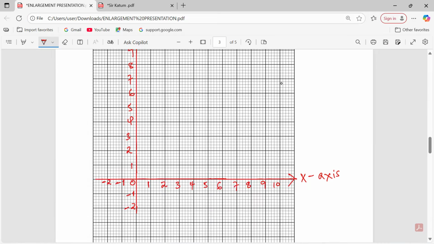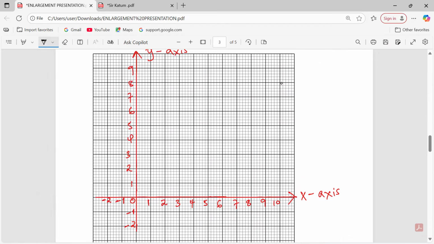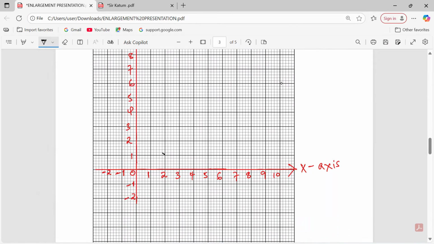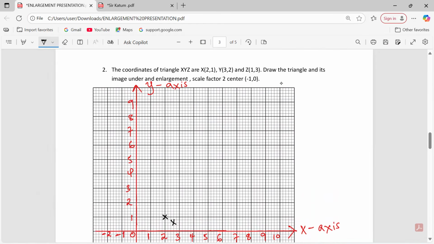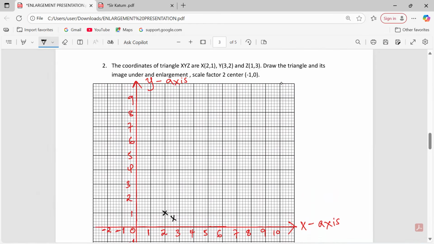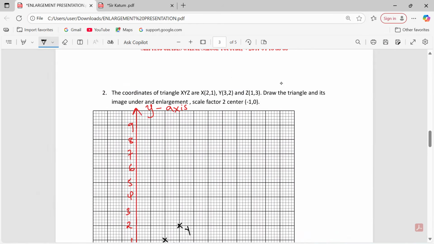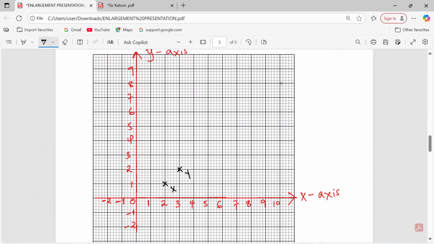Coordinate 2, 1. Let me change the color. Coordinate 2, 1, so point X. Then we have another coordinate, which is 3, 2. So 3, 2, the coordinate to be found at that point, which is coordinate Y. We are having another coordinate, which is 1, 3. So coordinate 1, 3 should be at this point. So this is going to be Z that way.